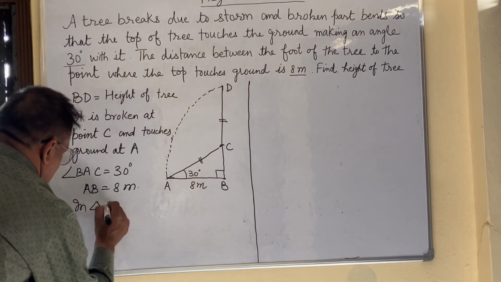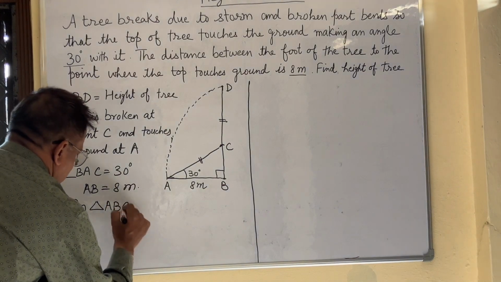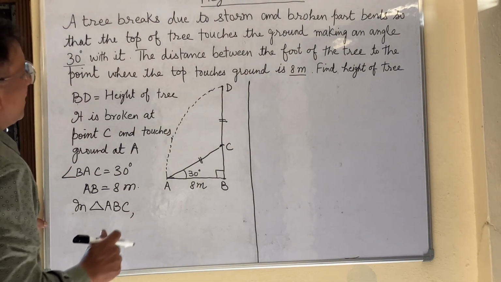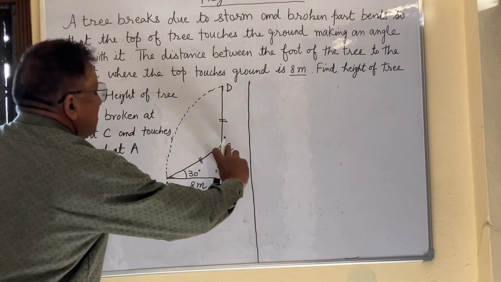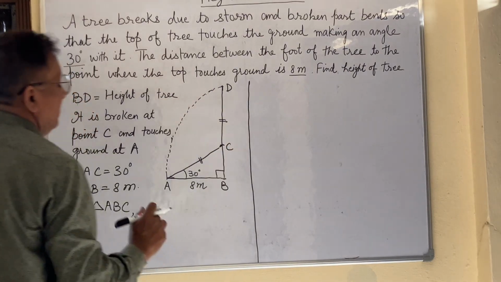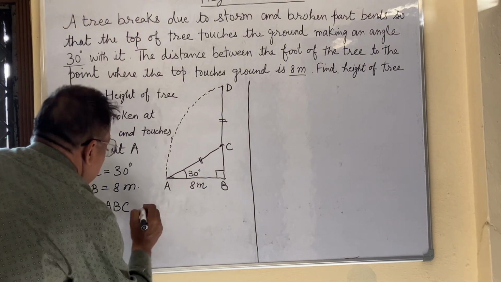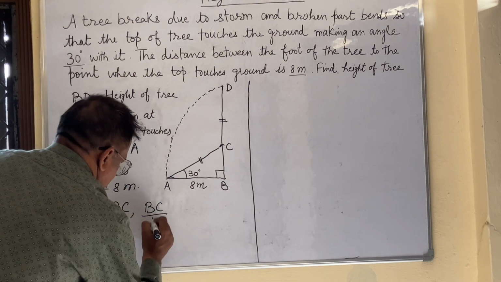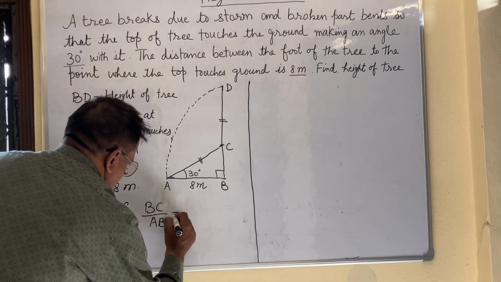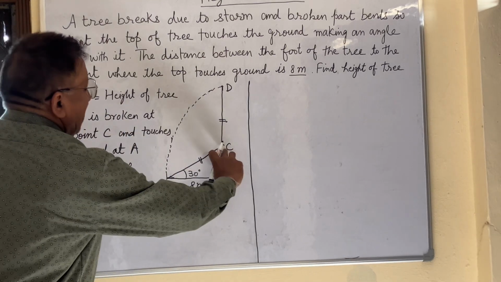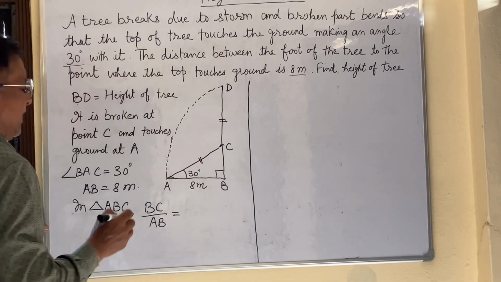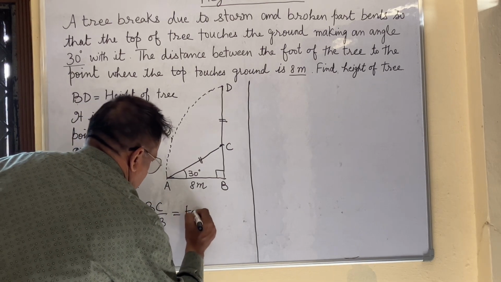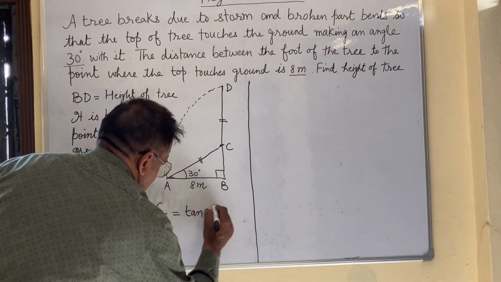In triangle ABC, first of all we have to find this BC. We are given perpendicular upon base, BC upon AB, it is tan 30 degrees.